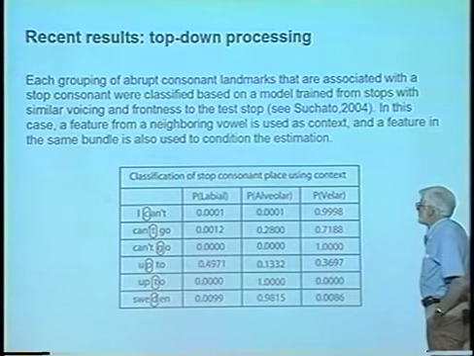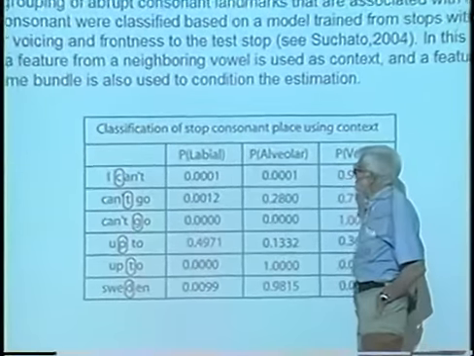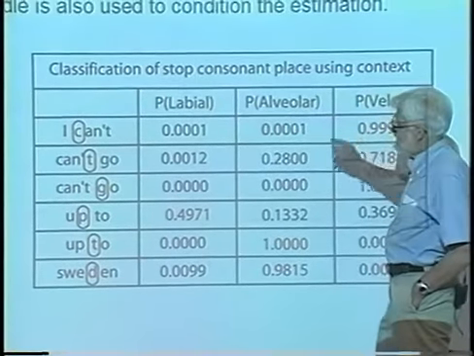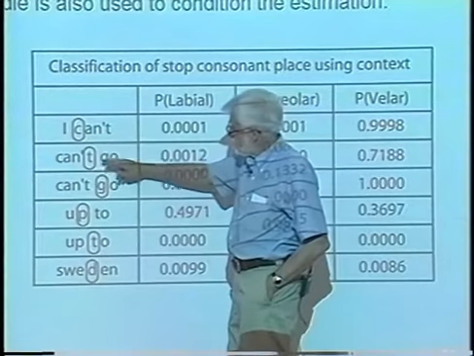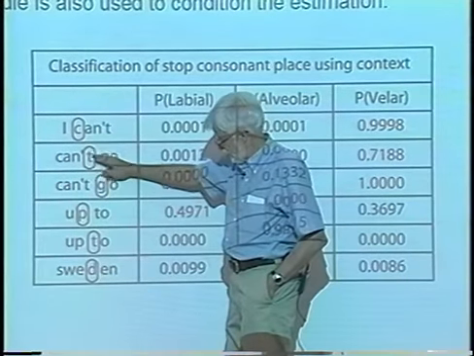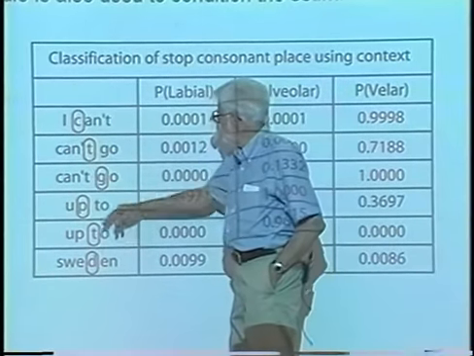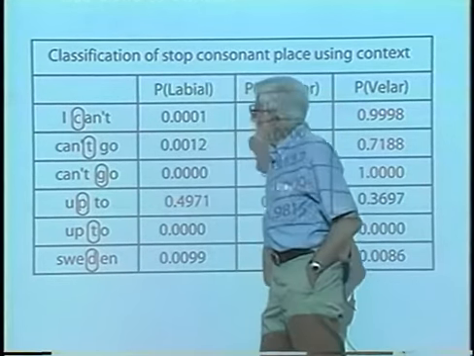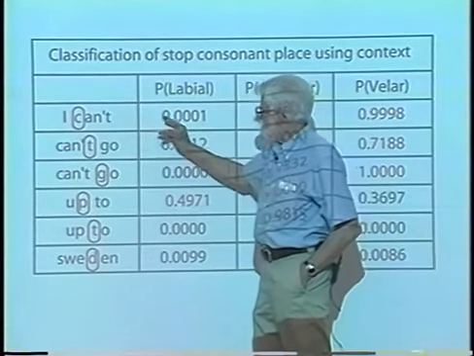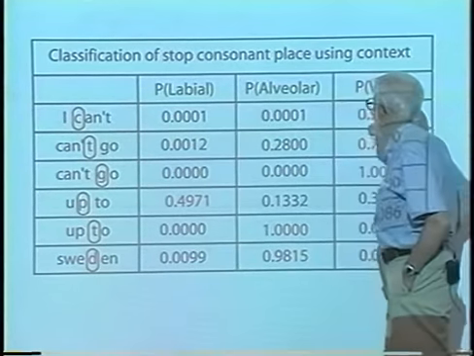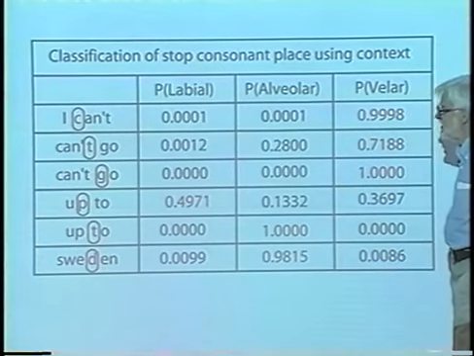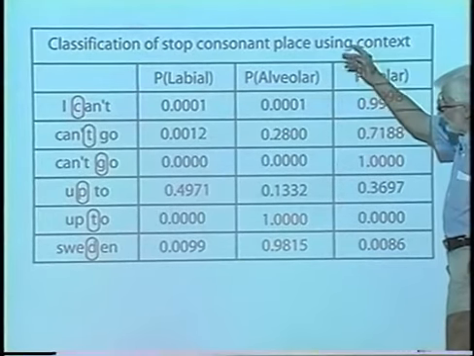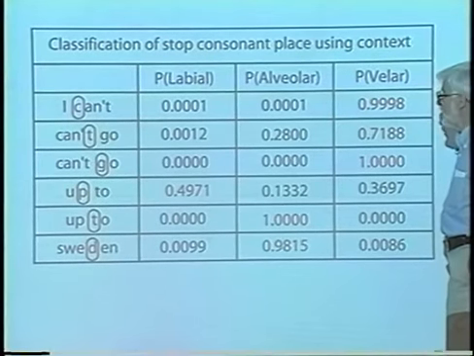So these are the sort of probabilities that he would get for classifying the place of articulation for the stop consonant for the K in "can't," the T in "can't." In fact, there wasn't much of a T. And the G and so on. And these are probabilities in a sense that these consonants existed given the weighting, taking the context into account.